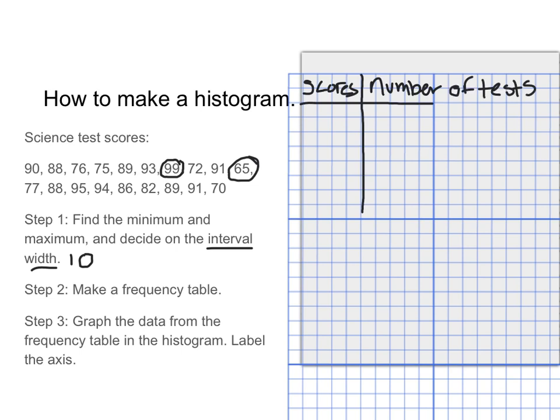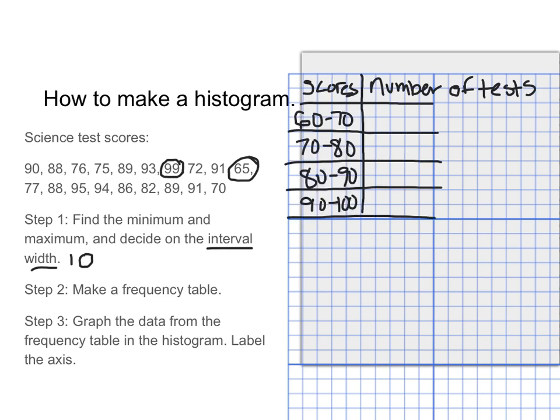So if we're doing intervals of 10, then I'm going to go from 60 to 70, 70 to 80. Now, some of you may notice a problem here, that 70 is listed twice. And so what we're going to do is change the first 70 to be 69. Because if something's 70, we want it to go in that second group.